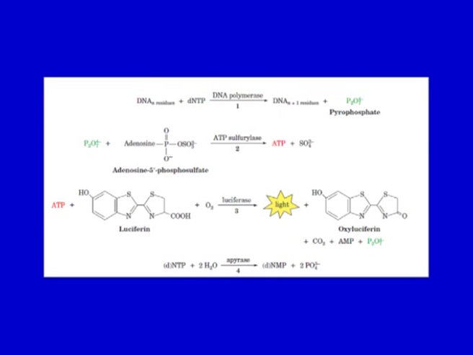So, these are the different reactions as we have discussed: first DNA polymerase, then ATP sulfurylase, and then finally luciferase where light is emitted, and then finally washing steps are performed in this particular method. Now, this series of reactions is automatically iterated by sequentially using all 4 dNTPs and then repeating the entire process.